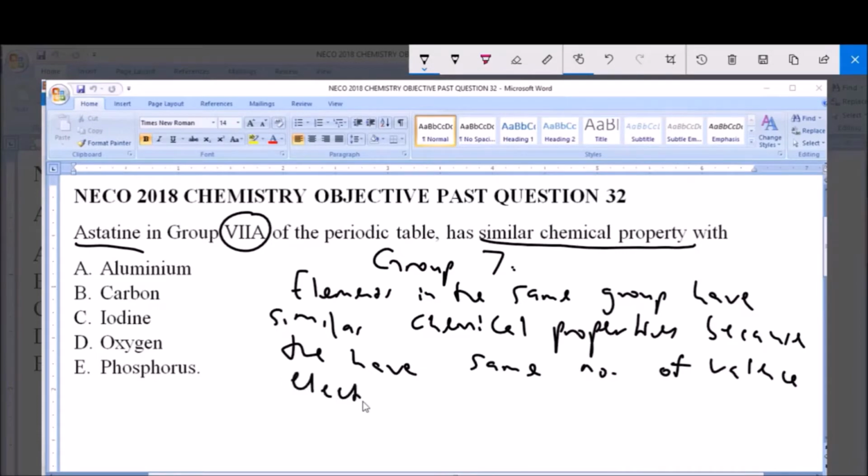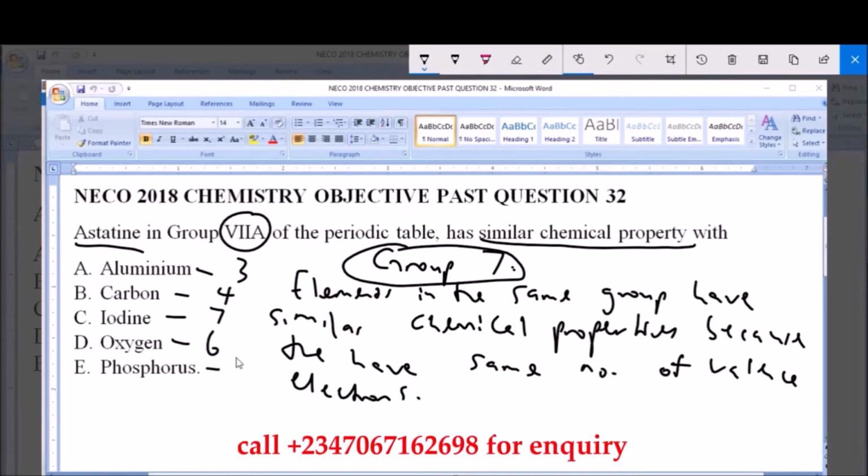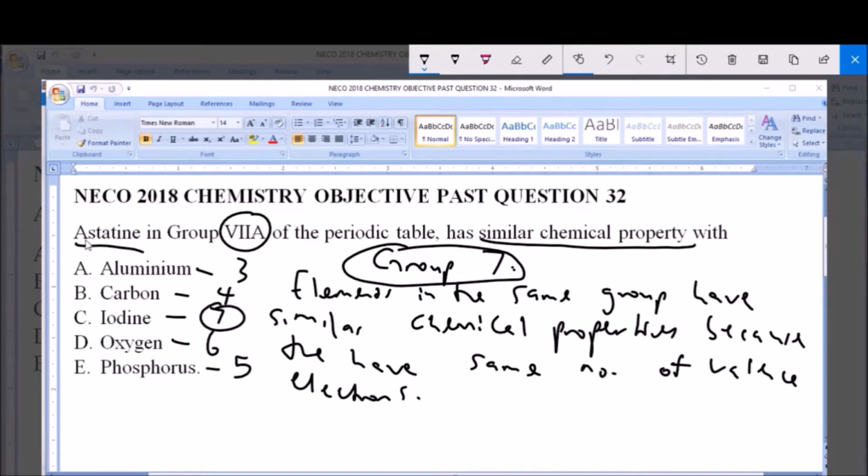So for us to pick the answer, all we have to do is pick out the element amongst the options that belongs to the same group as astatine, which is group 7. Aluminium belongs to group 3, carbon group 4, iodine group 7, oxygen group 6, phosphorus group 5. So iodine belongs to group 7, the same group as astatine. Hence, it has similar chemical properties because it has the same number of valence electrons as astatine. So option C, iodine, is the correct answer.